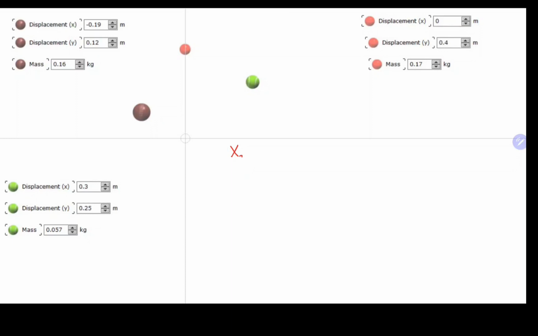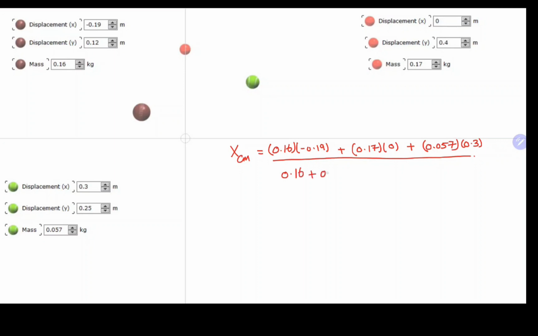So x center of mass in this case equal to M1, 0.16, times the x position, minus 0.19, plus M2, 0.17, times the x position, equal to 0, plus 0.057 times the x position, 0.3, divided by the total mass, 0.16 plus 0.17 plus 0.057. You do the math, you will find the x center of mass position.